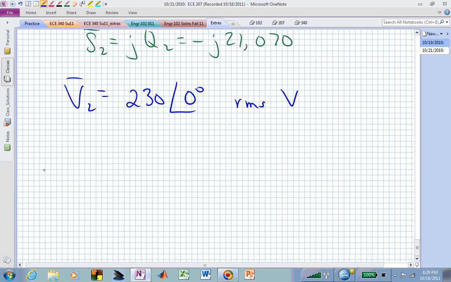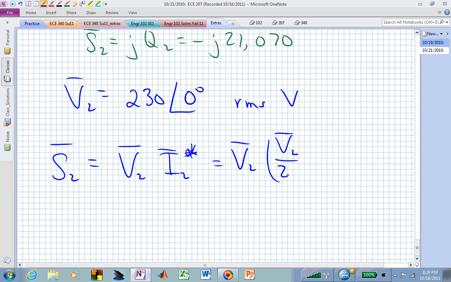And we can now play with what we know. We know that the complex power is the product of the phasor voltage in RMS units times the conjugate of the current in RMS units. We can write the current in terms of voltage by Ohm's law.